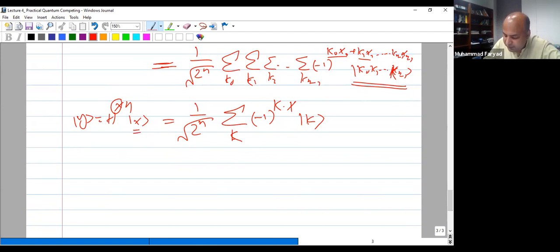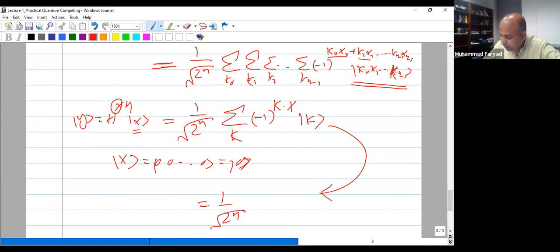So for example, if x is your 0 state, which is going to be the case often, then this is nothing but 1 over 2 to the n sum over k, and this x is 0, so 0 into k is 0, so minus 1 power 0 is 1, so I can eliminate this, so this becomes this.